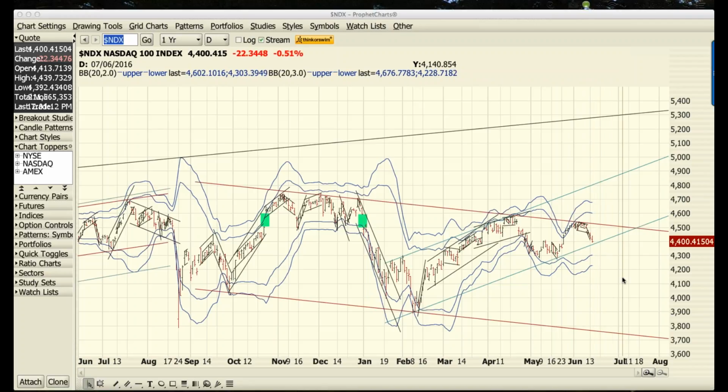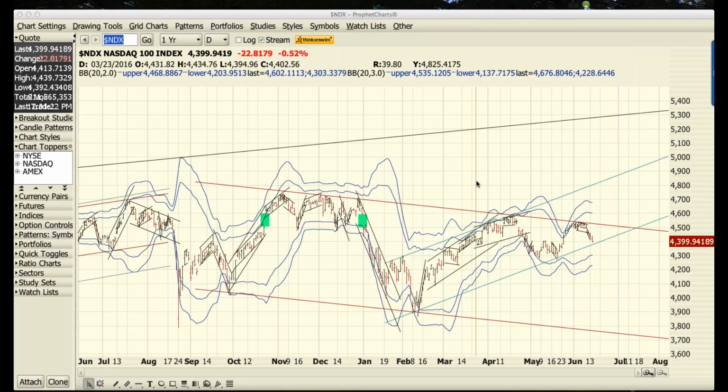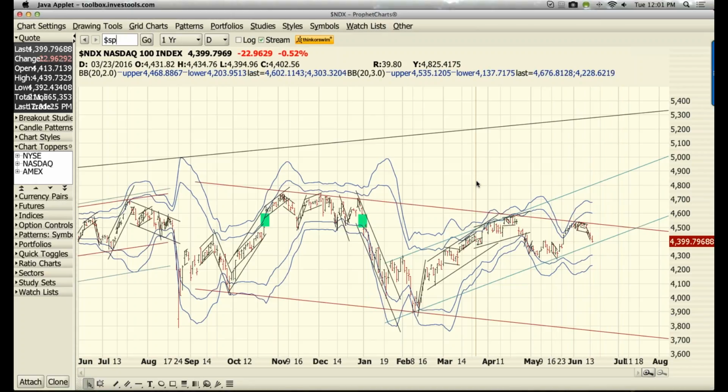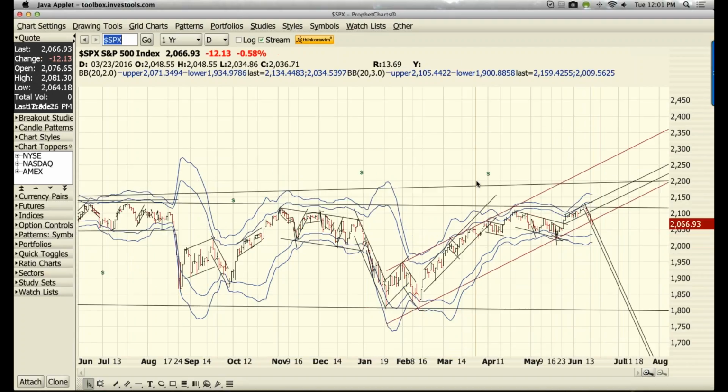Where we're trading on the bar chart may influence my decision to be slightly more aggressive on my entry or slightly more conservative on my entry. So that's stuff that we've talked about before.